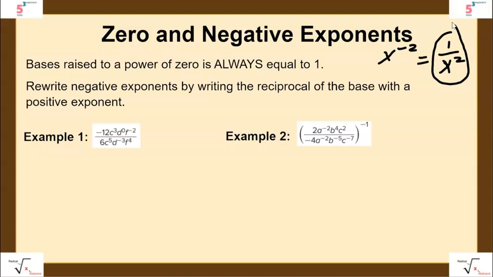Example one, I want to simplify this, get rid of all negative exponents, and then simplify so I have only one base each. The first thing I'm going to do is take negative 12 divided by 6. That's going to give me a negative 2 in the numerator. And now I have c cubed divided by c to the fifth. 3 minus 5 is negative 2.